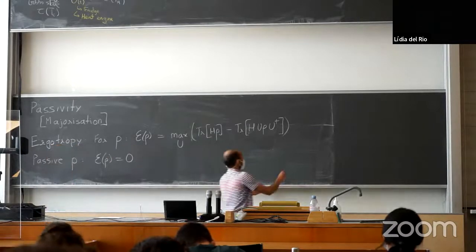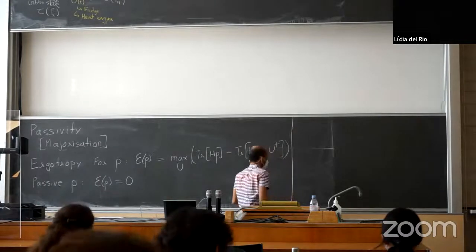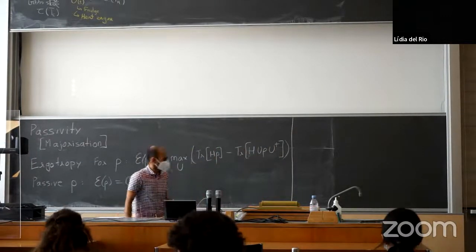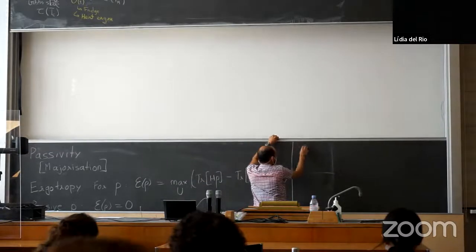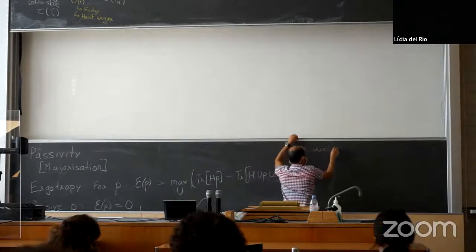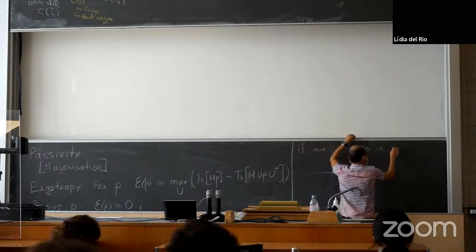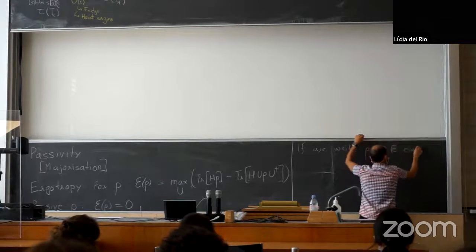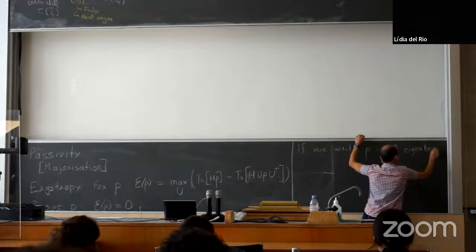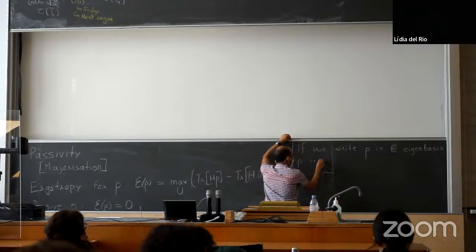And now let's discuss states that are not passive. So there are two kinds of states that are not passive. If we write rho in the energy eigenbasis, then rho is not passive under two conditions.